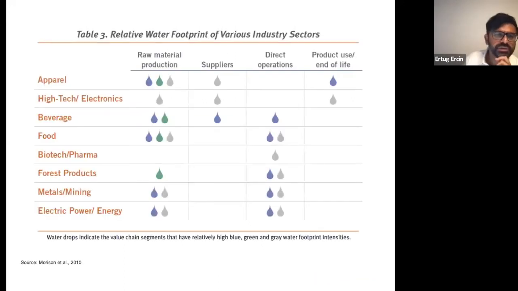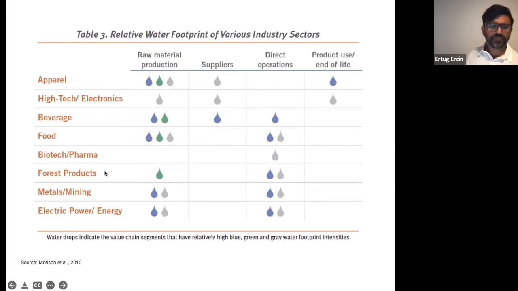Some examples, you can see that for the apparel, it is raw material production. This is the blue, green, and gray components. And you can see that's high-tech electronics. It is mostly about gray water footprints, both your production and end use. Beverages, of course, blue and green, the raw material.